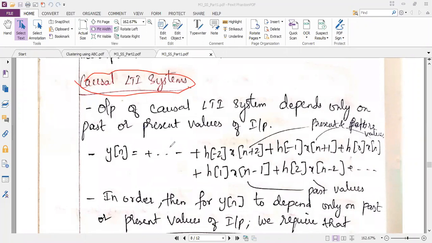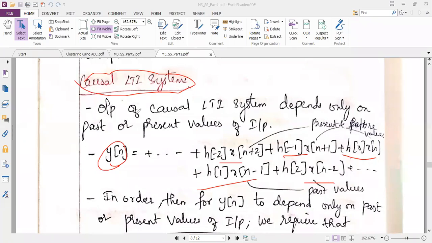Before writing the formula in terms of impulse response, the initial step is always to find the y of n equation. From the y of n equation, if I expand, I will be able to eliminate some terms based on the concept of causality, and from the remaining terms, I will be able to write the formula in terms of h of n or h of k.